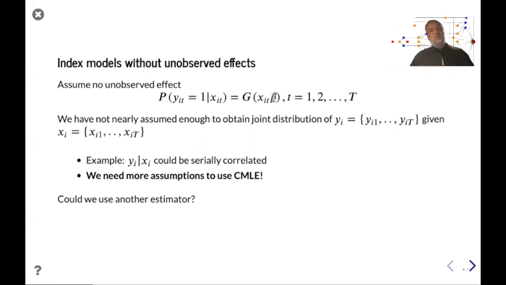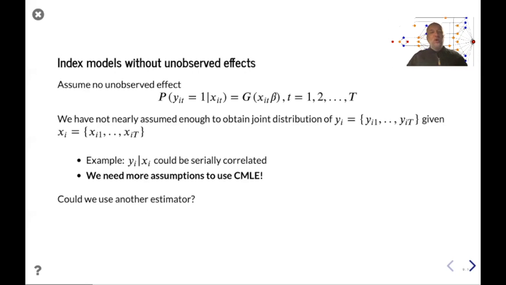Last time we did maximum likelihood, right? Because with only this assumption, we have modeled the entire distribution of the outcome variable y conditional on x, because y takes only two values: y equal to 1, in which case we have this, or y equal to 0, in which case we have 1 minus that probability. So we have the entire distribution pinned down.